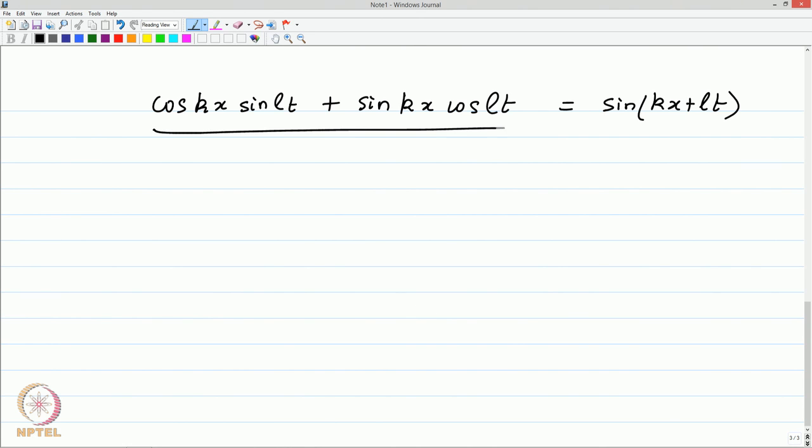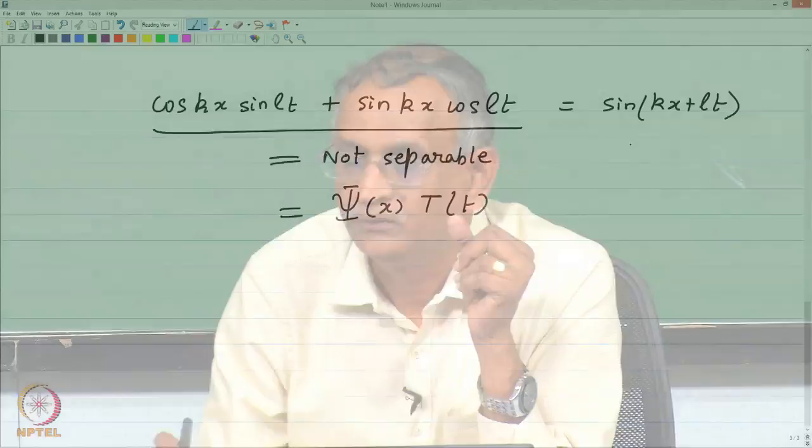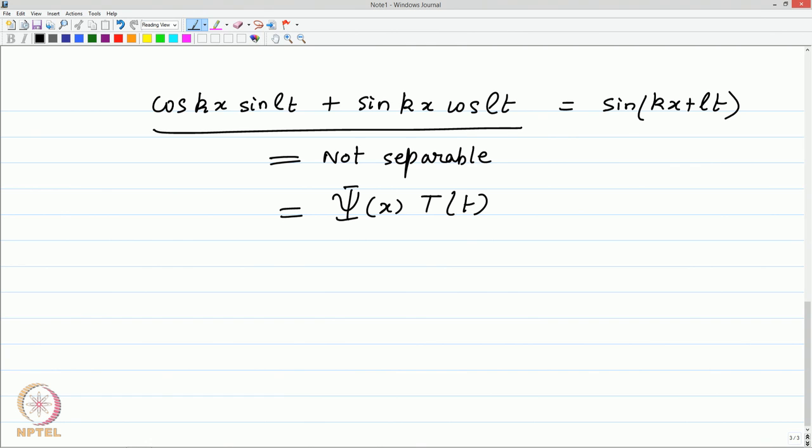Now, this is not separable. It cannot be written as a function that is only dependent on x and another function that is only dependent on t. It is a combination of multiple such functions. Sine of kx plus Lt cannot be expressed as sine kx times some other function. Therefore, this is not separable. So this is an example of what may not be there.